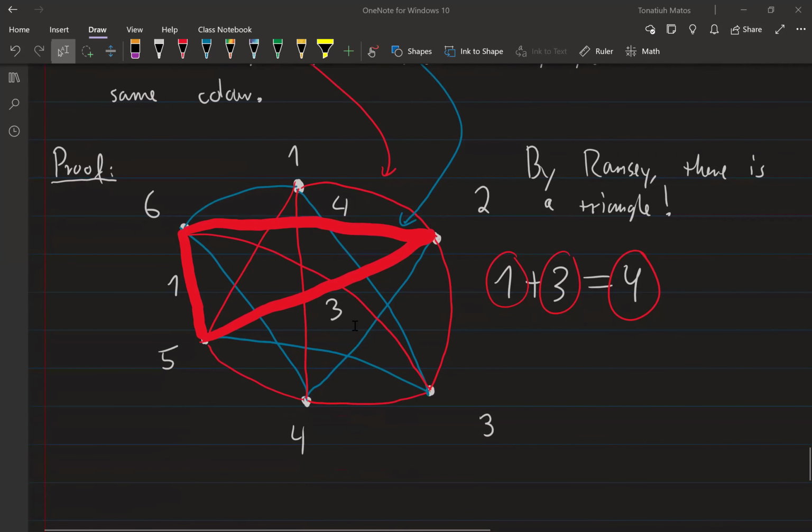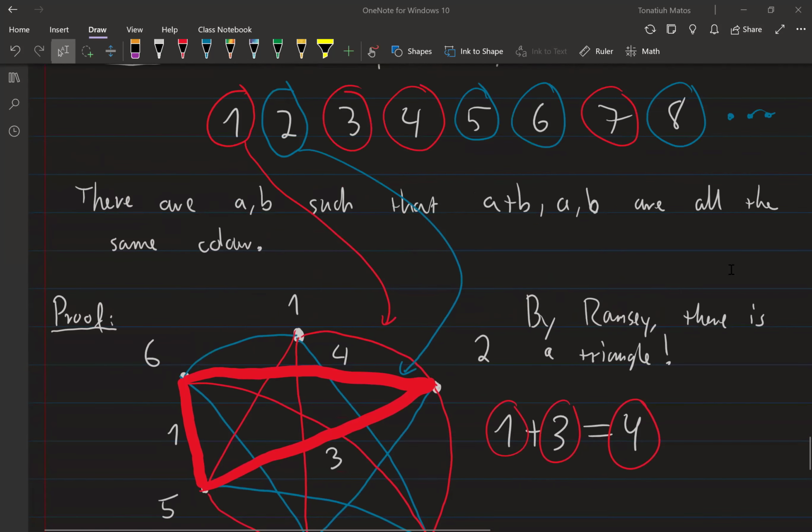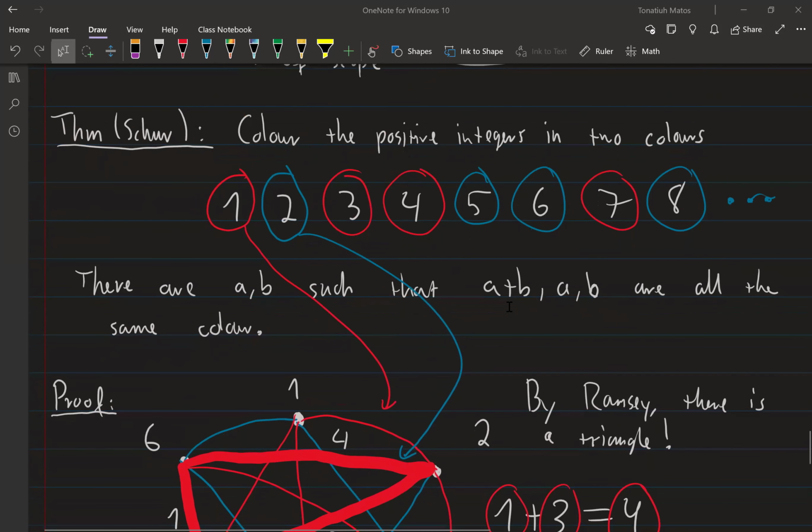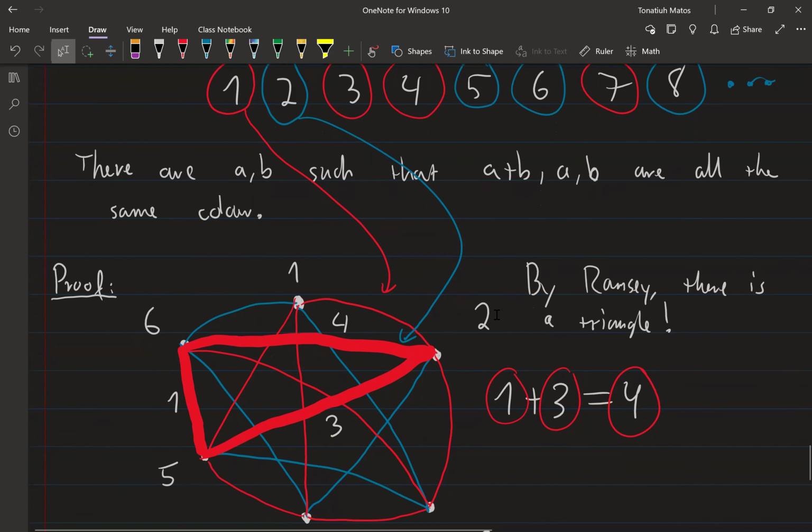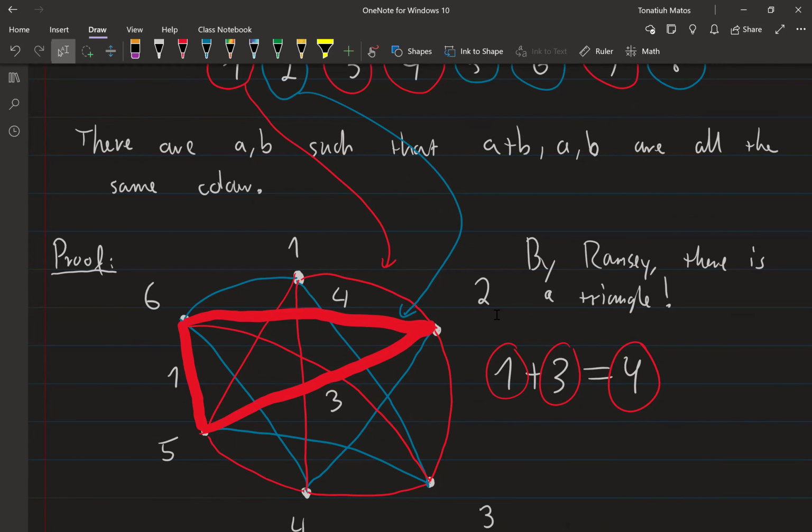So my question to you is, can you prove that you can not just find two numbers that, when you add them up, you get all the same colors, but can you make A and B different? Like, can you change the theorem and say A and B should be different? And interestingly, the answer is you cannot do that with just 6, but you can do that if you make it bigger.